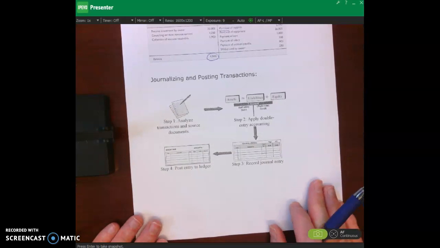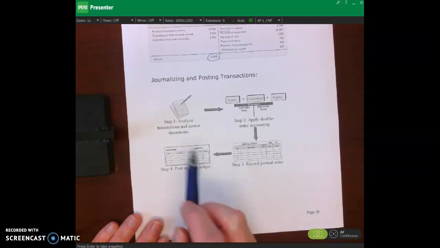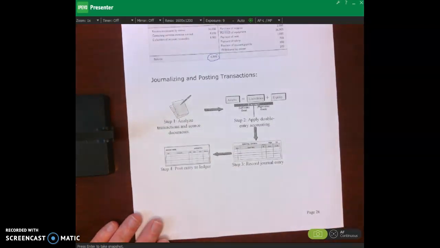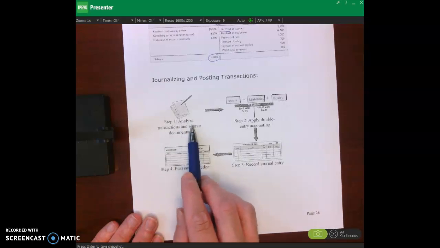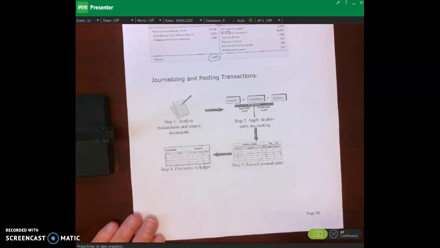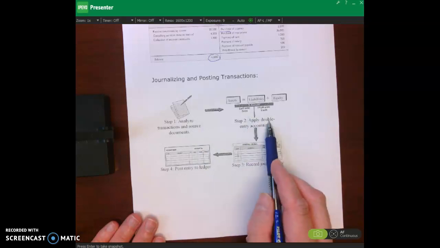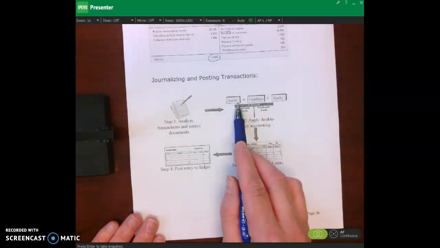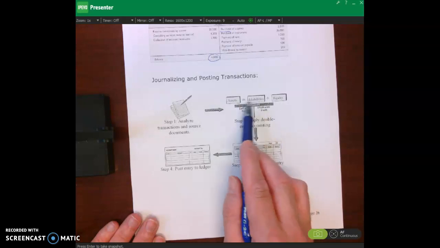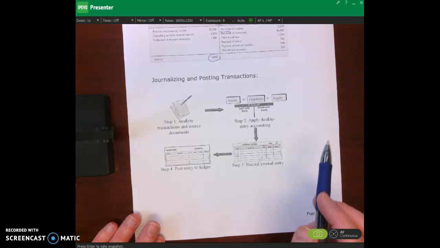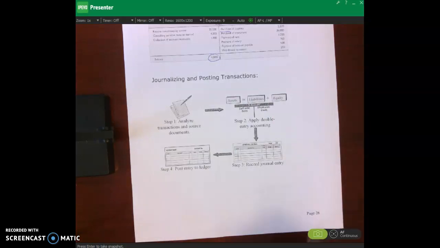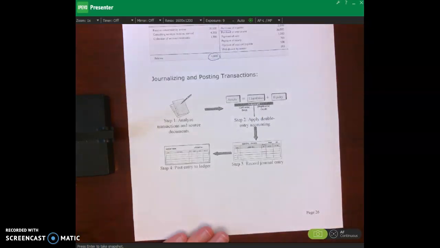So in talking about journalizing and posting transactions, going back to some of those discussions we had in the first lecture video for Chapter 2, step 1 is analyze transactions and source documents. For example, we get a bill from a supplier. Then we apply double entry bookkeeping. That means applying what asset accounts are being affected, any liabilities or any equity accounts being affected, and then framing those in the context of debits and credits, and also doing our T accounts.